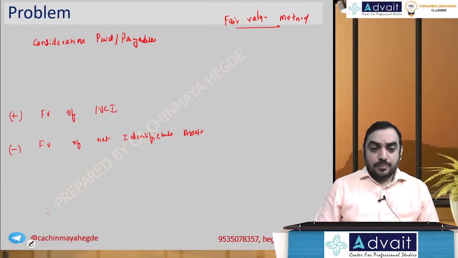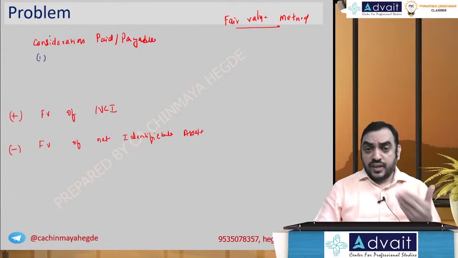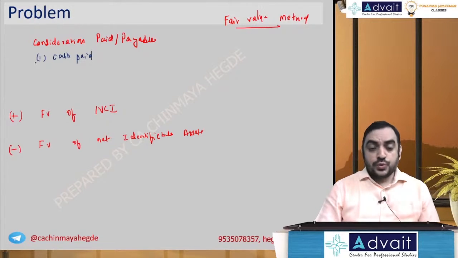Now consideration paid or payable will have quite a few things. When you pay cash, cash paid. When you issue shares, fair value of shares issued. And if you have a contingent consideration, you will have the fair value of contingent consideration.